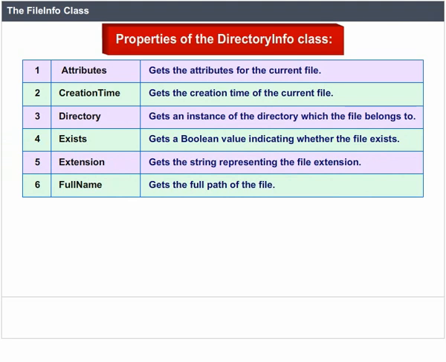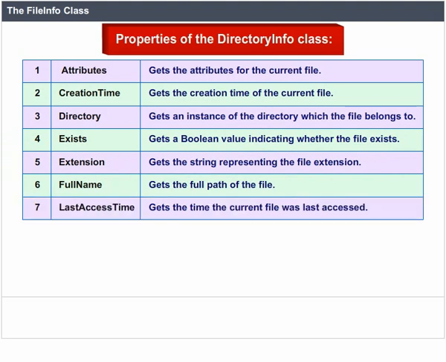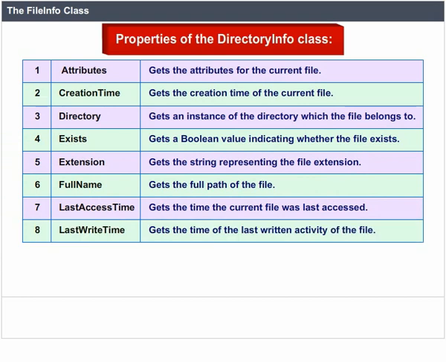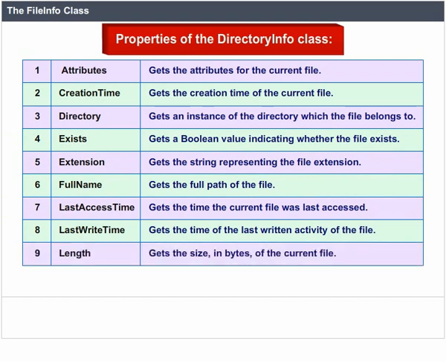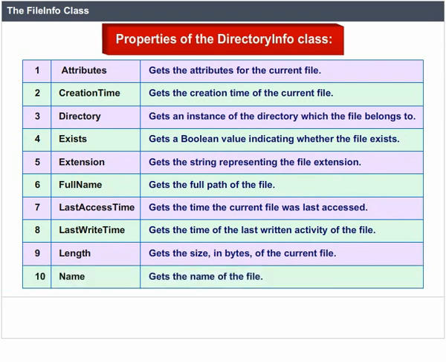FullName gets the full path of the file. LastAccessTime gets the time the current file was last accessed. LastWriteTime gets the time of the last written activity of the file. Length gets the size in bytes of the current file. Name gets the name of the file.